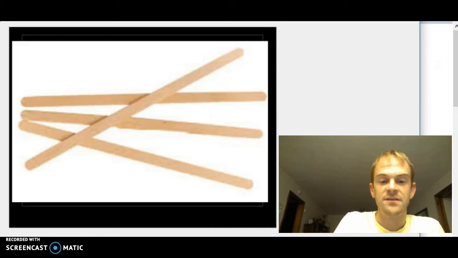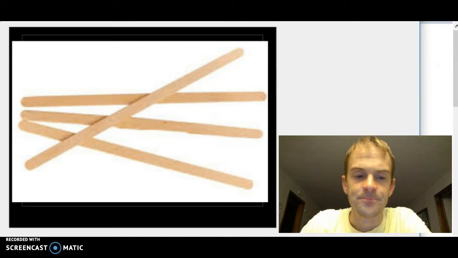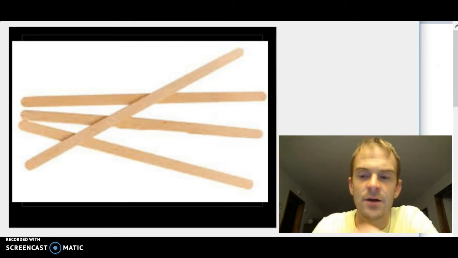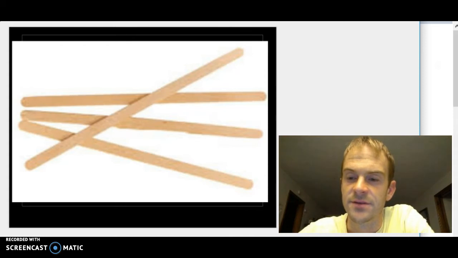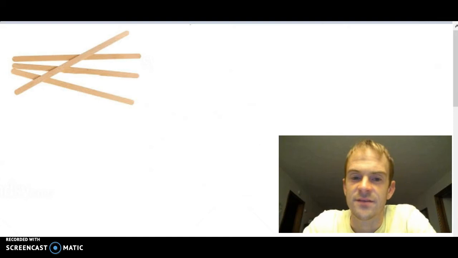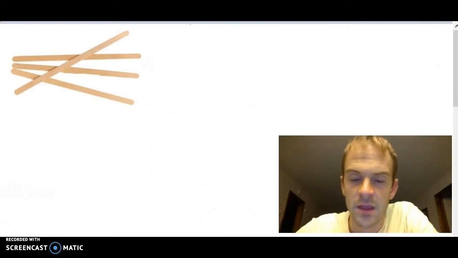So if we look at these wooden splints here, it's kind of shifting gears a little bit, but how would you describe that? What are all the things we could list if I was trying to describe this as thoroughly as possible?